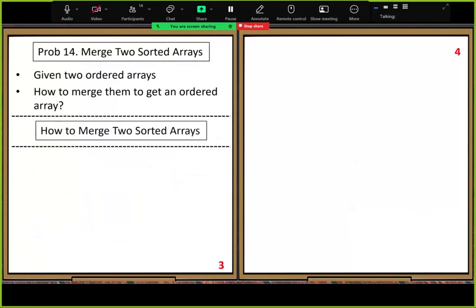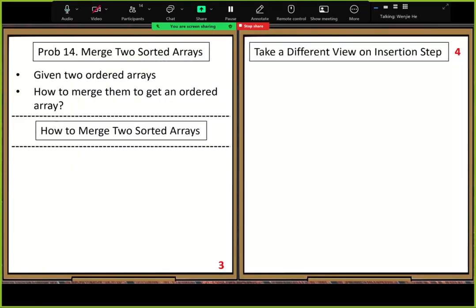Next, let's look at the insertion step. We want to start with the insertion step, then see if we can modify that insertion step to do this merge step.